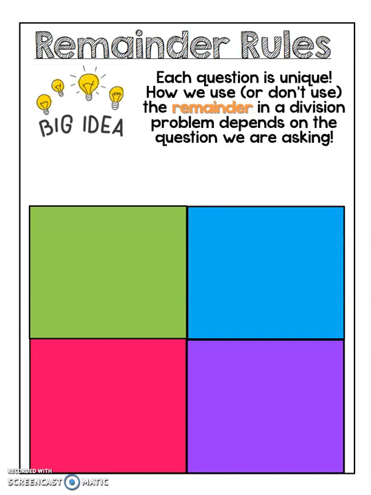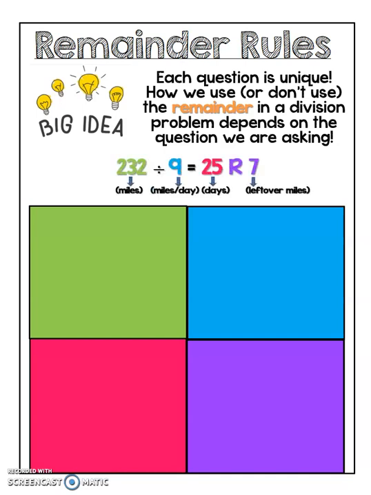So how we use, or maybe even don't use, the remainder in a division problem totally depends on the question that we're asking. Just a little refresher, and those of you that watched the other remainder rules video know the story problem that goes along with this equation. When we set up a division equation, our dividend, the unit will be given to us from the word problem.